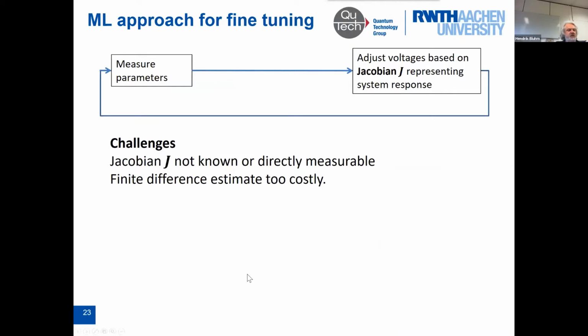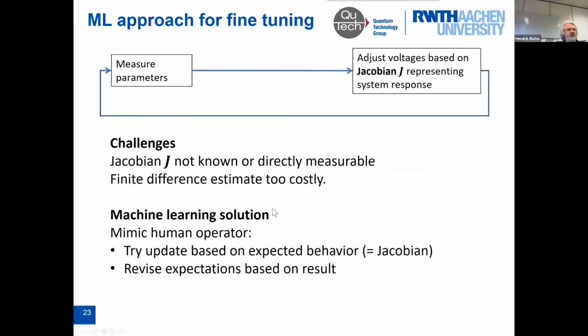And the idea here is, well, one could use finite differences, but these are typically costly and require a lot of measurements. Therefore, we took an approach that in some way is a machine learning approach and mimics a little bit how a human operator proceeds.